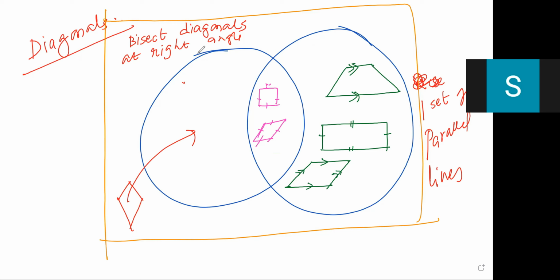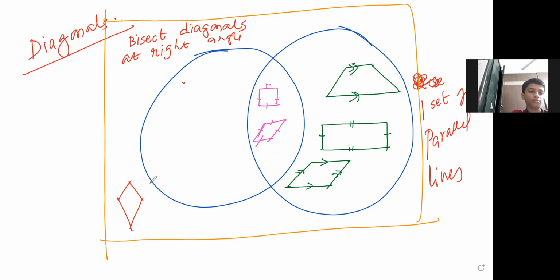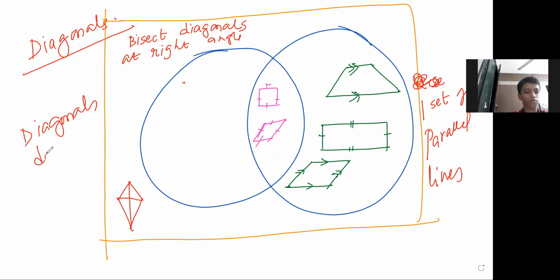They are at right angles, but they do not bisect. Is that clear? So remember, kite will come outside. Reason being, diagonals do not bisect in kite. Is that okay?